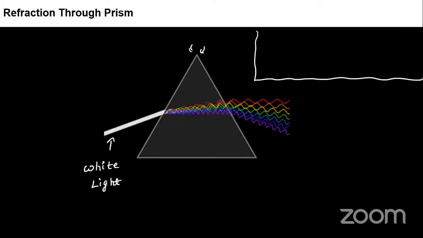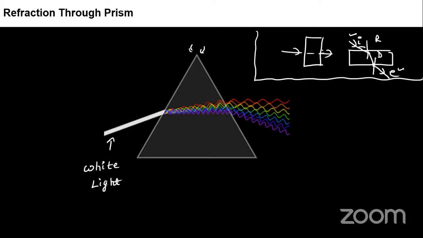If you take a glass slab and the light enters normally, it will pass straight. If you turn the slab and incident a light at a particular direction, it will deviate because it goes from rarer to denser medium, and then again it will come out parallel. So this emergent ray and this incident ray are parallel.